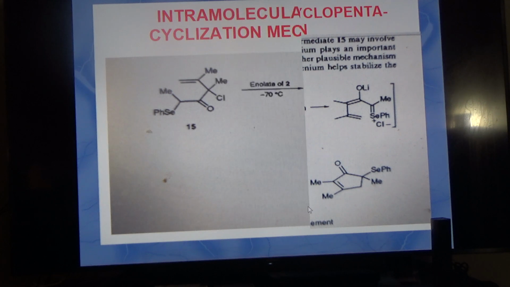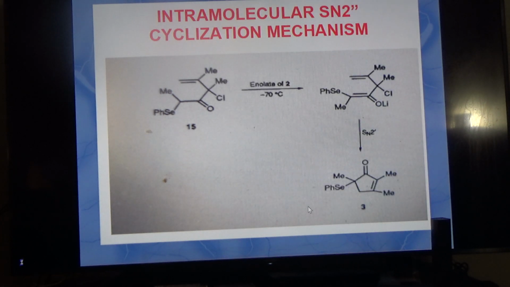These three pathways are just basic suggestions by other chemists. In my case, I am proposing an intramolecular, simple SN2 cyclization with the help of selenium as the driving force.